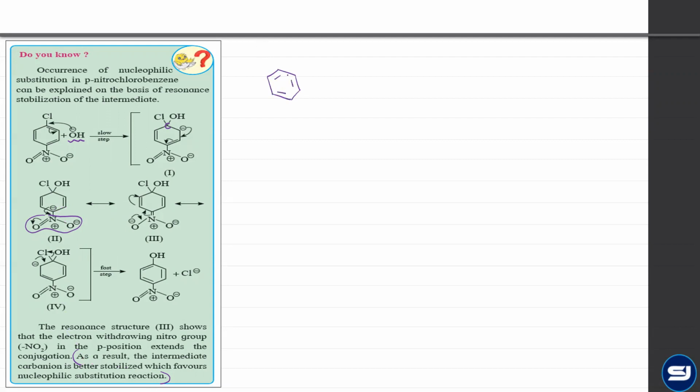So I have a chlorobenzene which is added with aqueous NaOH. Now सीधा ये reaction करना difficult होगा because this bond is very strong.